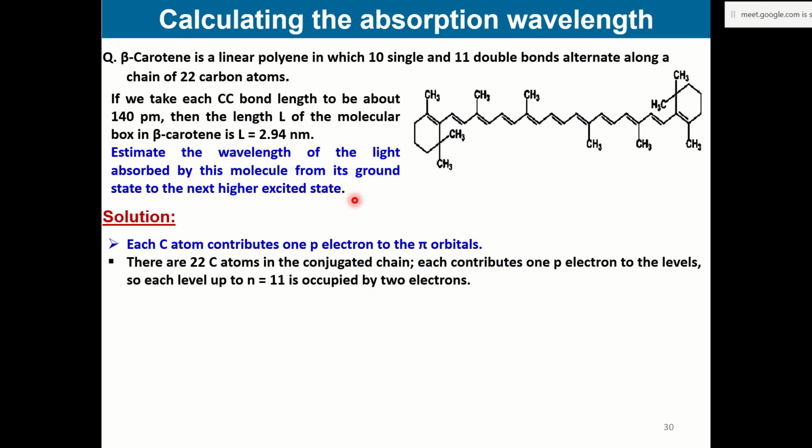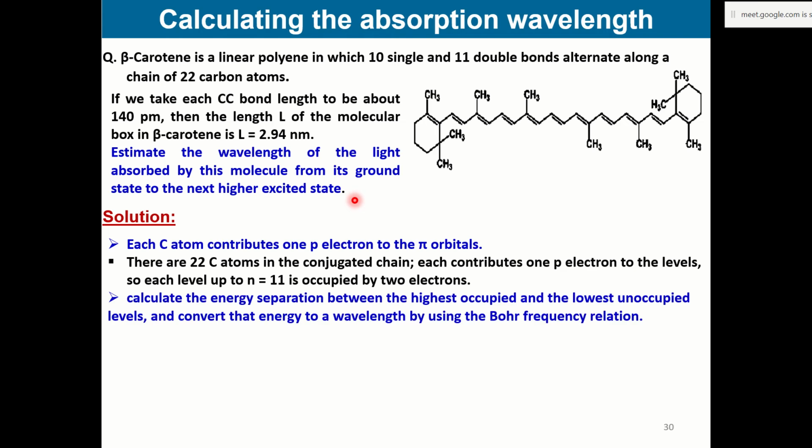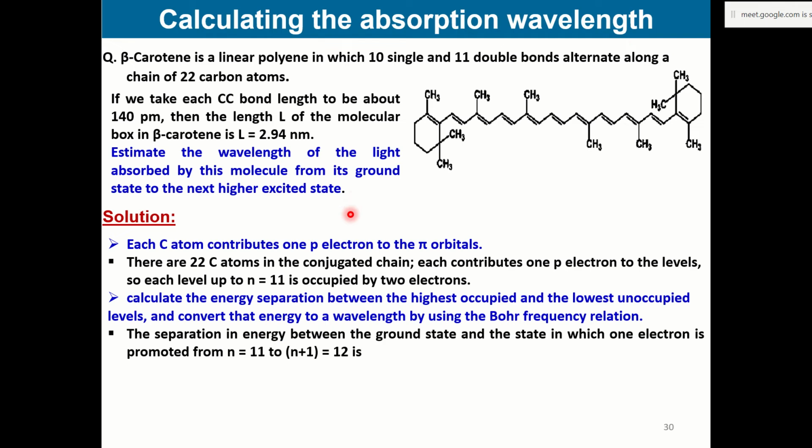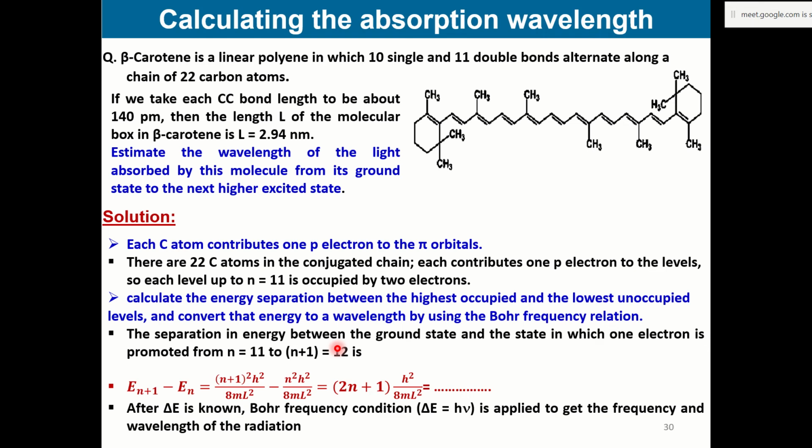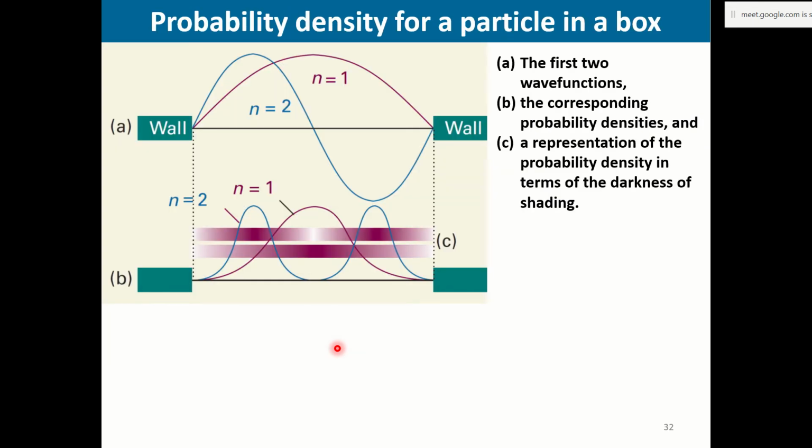The total number of electrons is 22, so 11 orbitals are occupied, the first 11. Then you have to find the next one, the LUMO, which is n plus 1, that is 12. So simply work out the details and you get the answer. Similarly, you can do this for the probability density profiles.